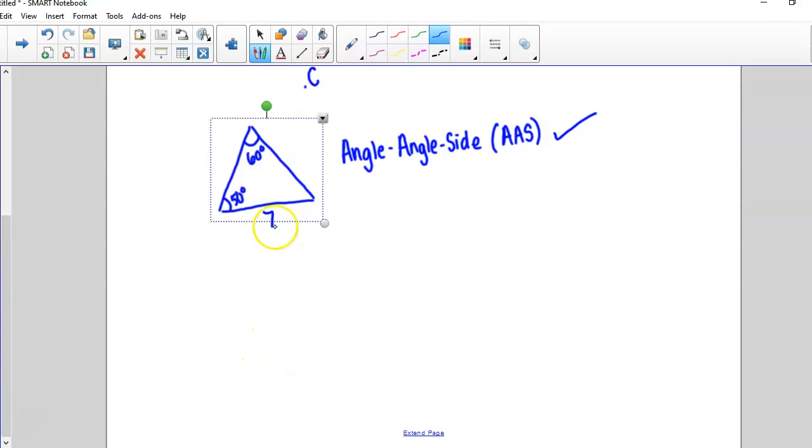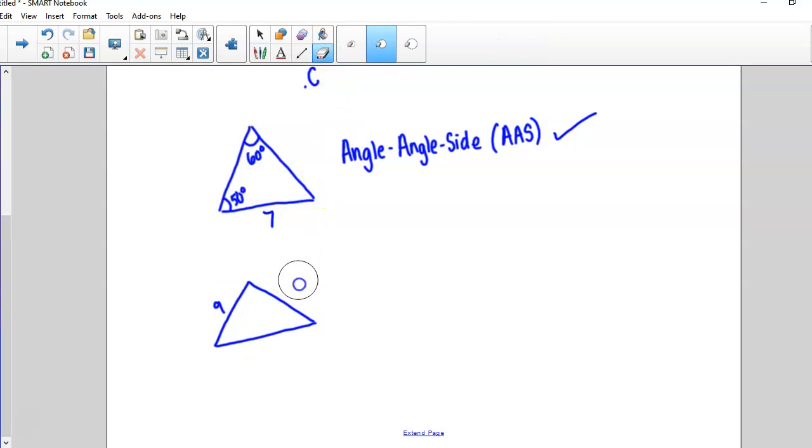But if we get into this situation, if we have this side is 9, this side is, let's not call it 15, that's not really to scale, let's call it 10, and this angle right here is 40 degrees.